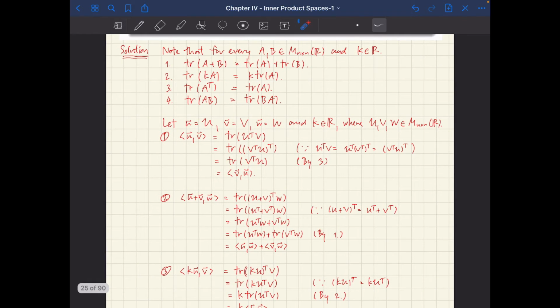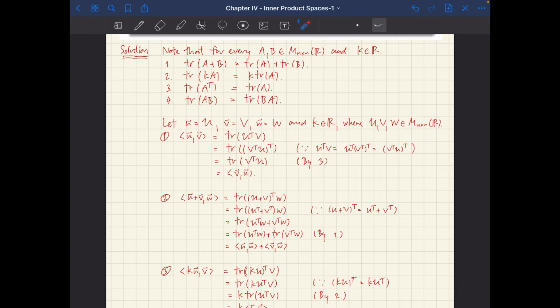For number 2, I think it's not hard. We need to find the inner product of u plus v and w. What is it? It is the trace of the transpose of the matrix u plus v, multiplied by the matrix w. The next step, from the property of the transpose, is that the transpose of u plus v is u transpose plus v transpose.